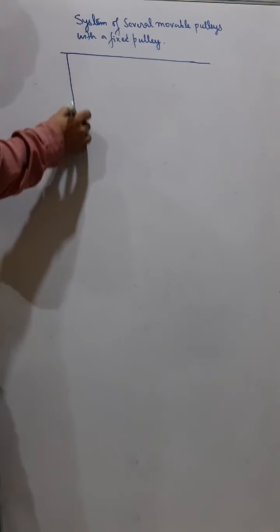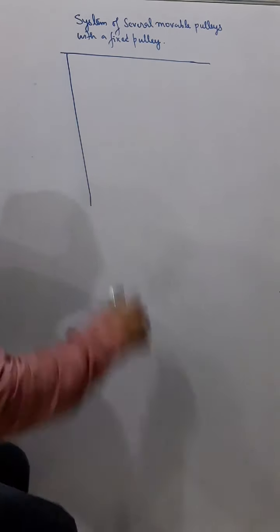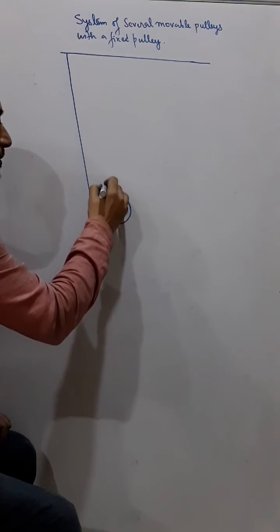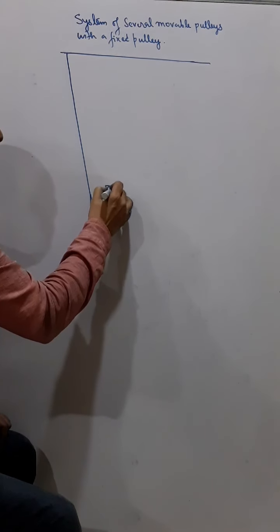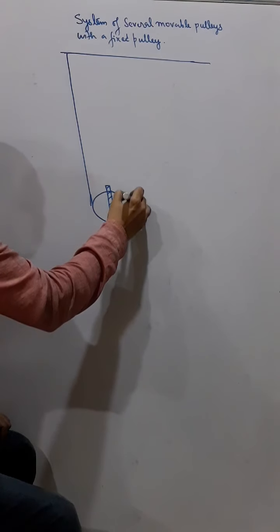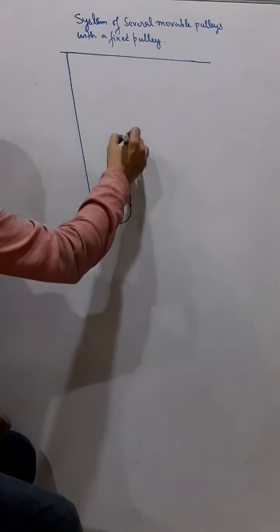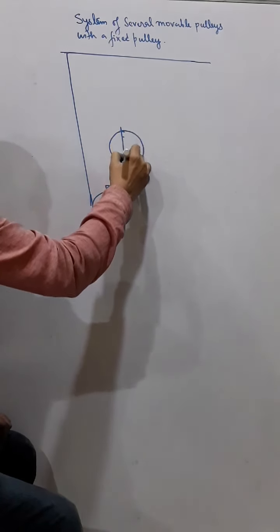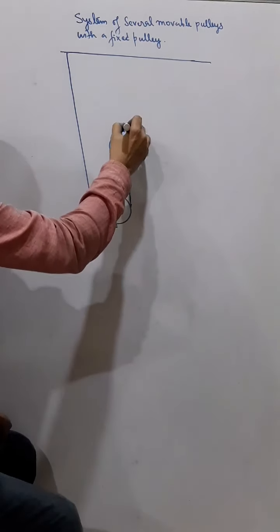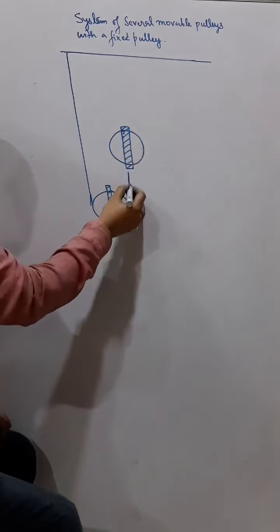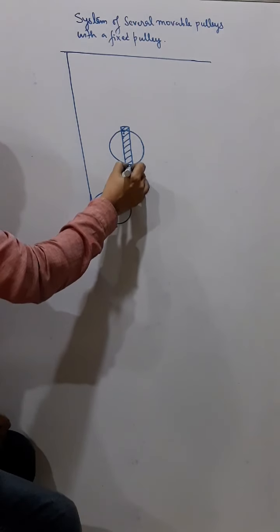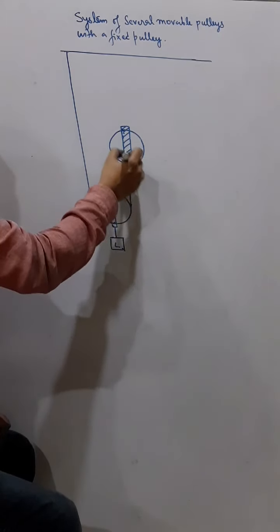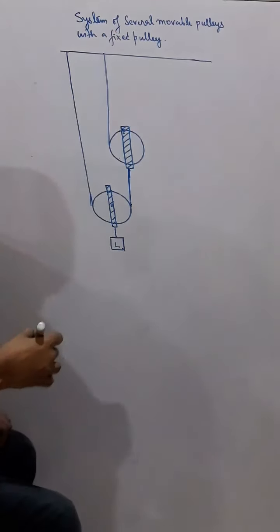Now suppose this is a movable pulley, and here you have another movable pulley, and this rope is fitted with this movable pulley, and so here you have the position of the load, and this rope is fitted with another movable pulley.